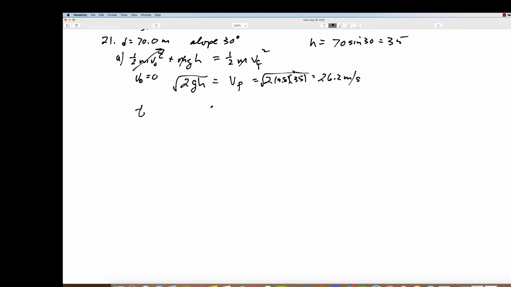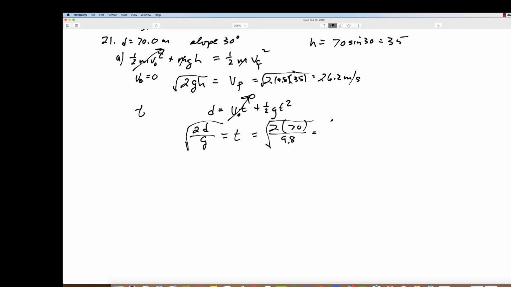What we can use for the time is that the distance they traveled along the slope is equal to v0t plus 1/2 gt squared. And we know the first term is 0 because v0 is 0. So if we turn this around, t is going to be the square root of 2d over g, which is 2 times d, here the original 70, divided by 9.8.